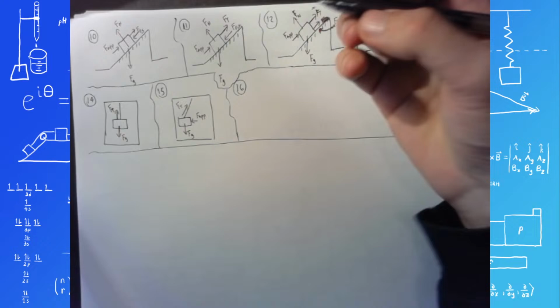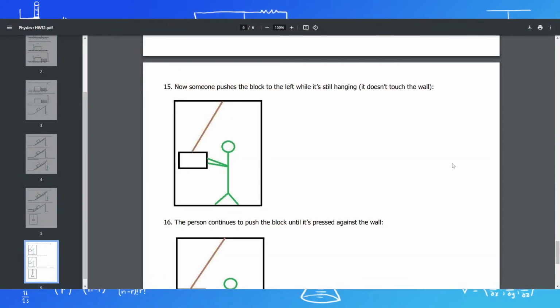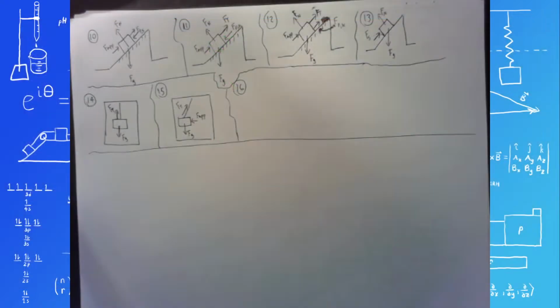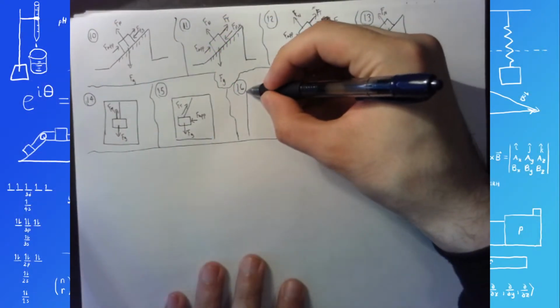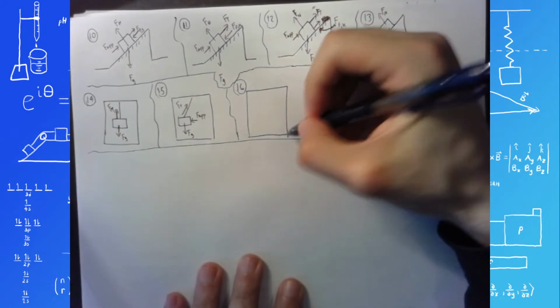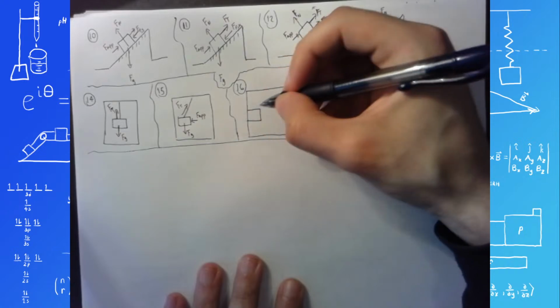Scenario 16, second to last. The person continues to push the block until it's pressed against the wall. Well, the wall is a surface that this object has come into contact with.